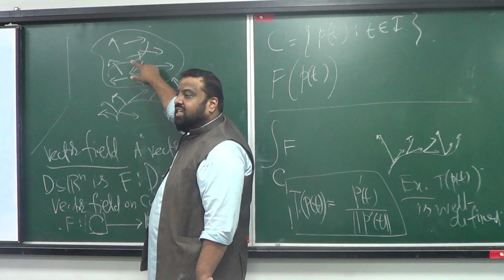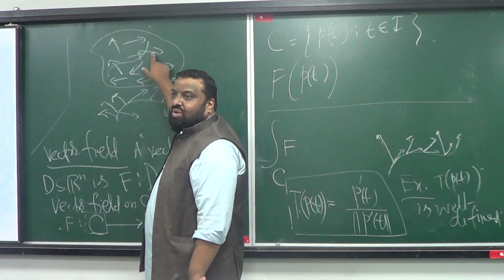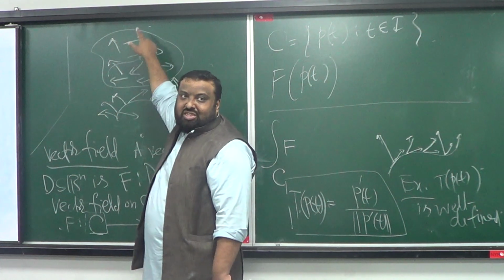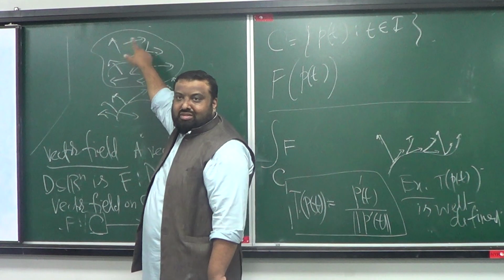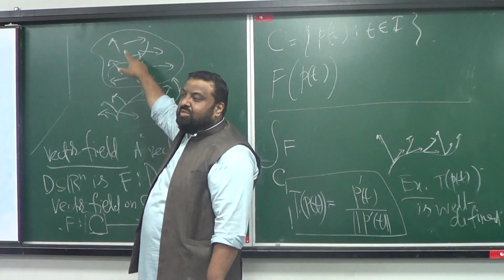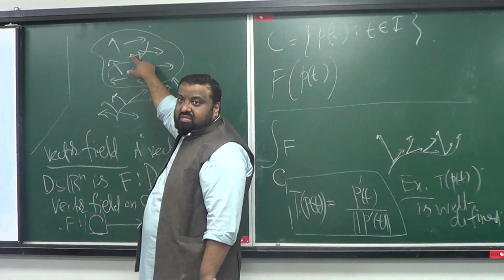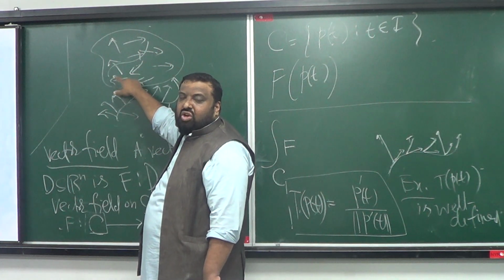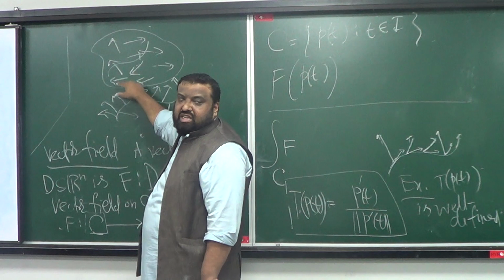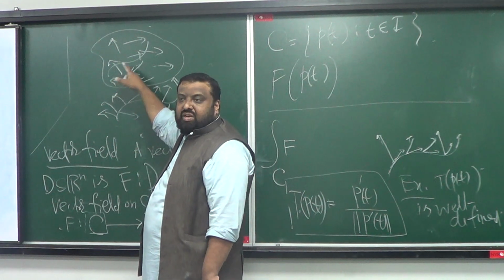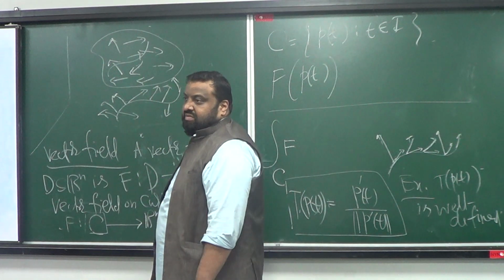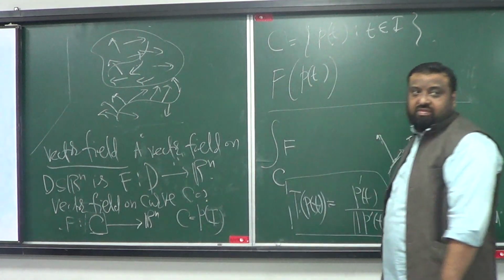I'm not interested in the entire vector field, how it is moving in this entire region, or how it's flowing and behaving in the entire vector field. I'm saying that how it is behaving on this curve actually. Okay, so how much part of this vector field is kind of having a kind of a flux over this vector field on this curve.